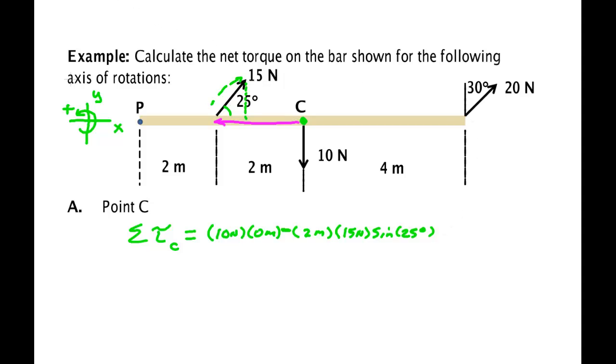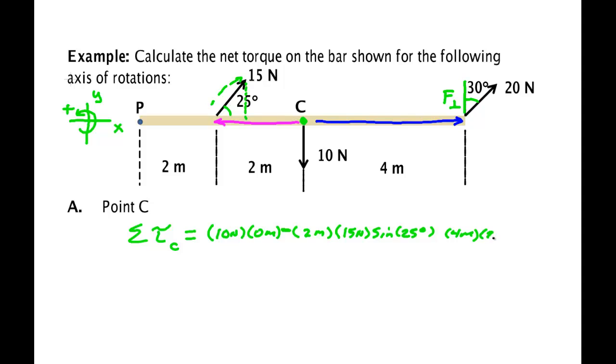Now let's look at the next one. The next one over here is this 20 Newton force. There's its moment arm. And its moment arm is 4 meters long, so it gets a 4 meters. The force that's perpendicular to it would be this side of the triangle. That would be F perpendicular. And to find that side for my triangle, I need the adjacent side, which means the cosine.